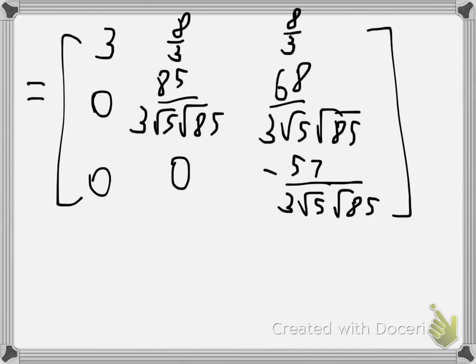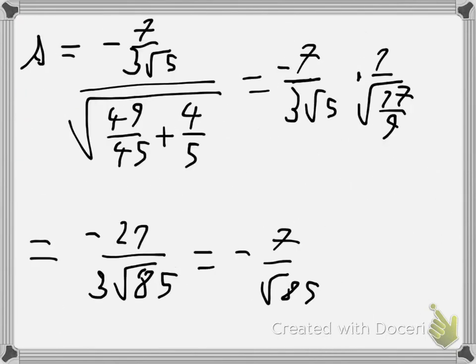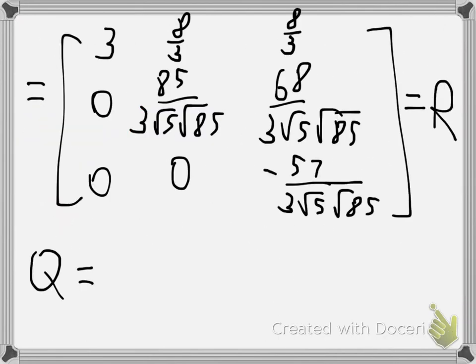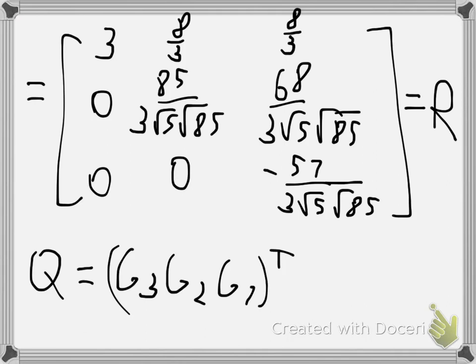And so that is your upper triangle matrix, if everything is correct. And so your matrix Q will be equal to J3, J2, J1 transpose. So this will be J1 transpose, J2 transpose, J3 transpose.